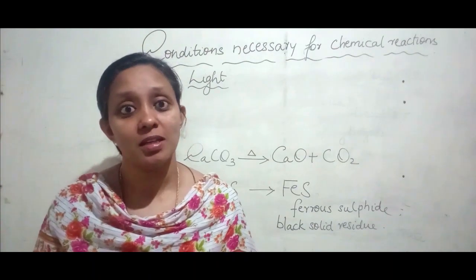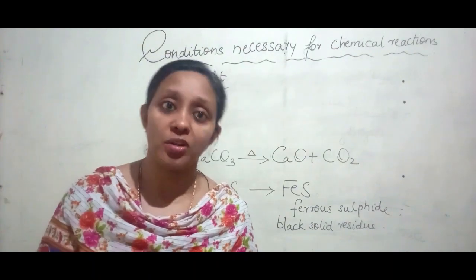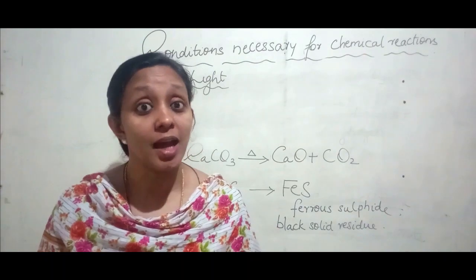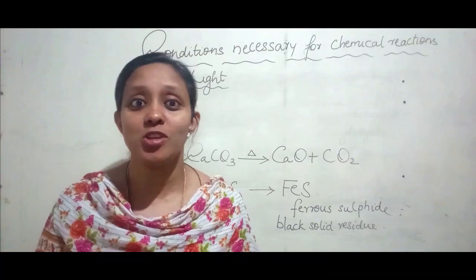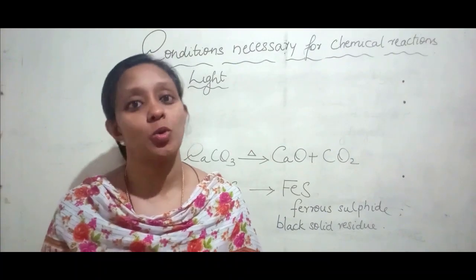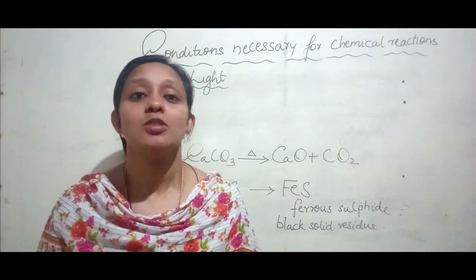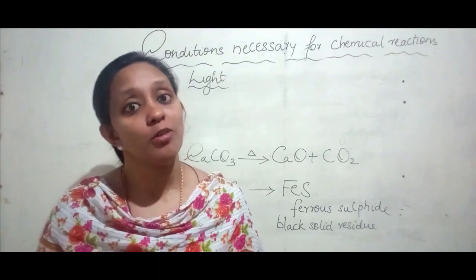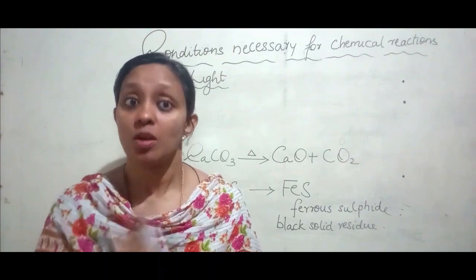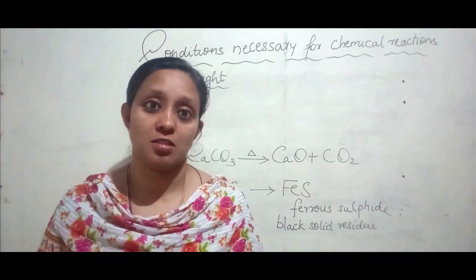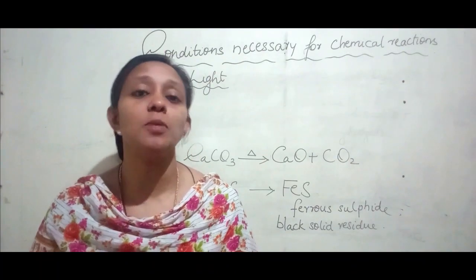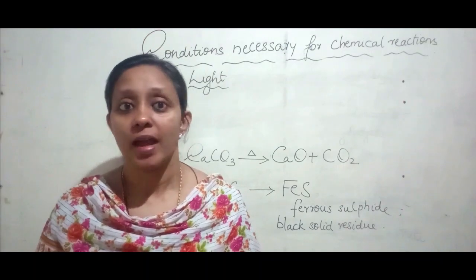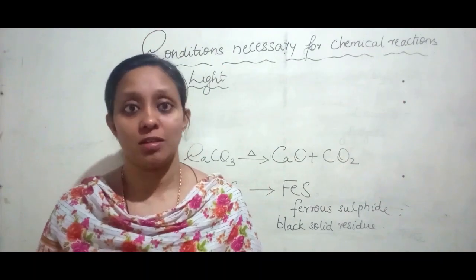Carbon dioxide reacts with water in the presence of sunlight and chlorophyll, giving you oxygen along with glucose. Isn't it? So this is how plants prepare food, and in this reaction, what is necessary? Light is necessary. Photosynthesis is a chemical reaction which will take place only in the presence of sunlight, and it will not take place in the dark.